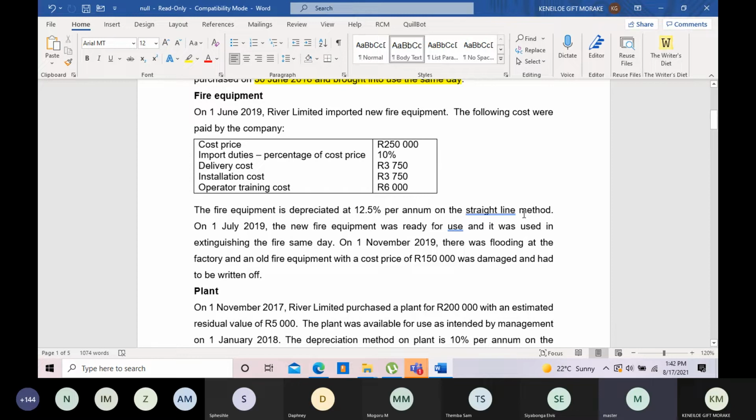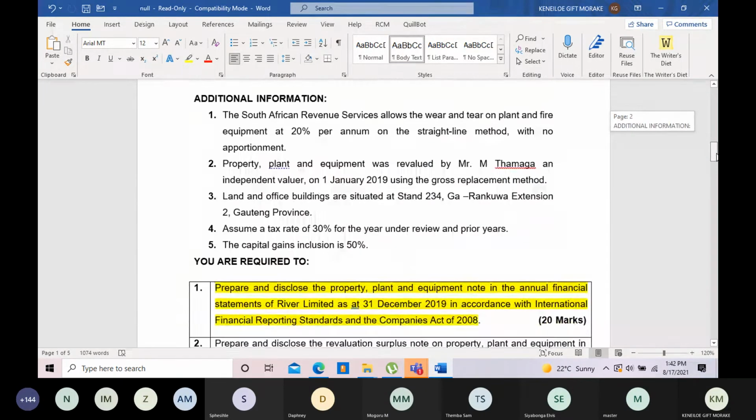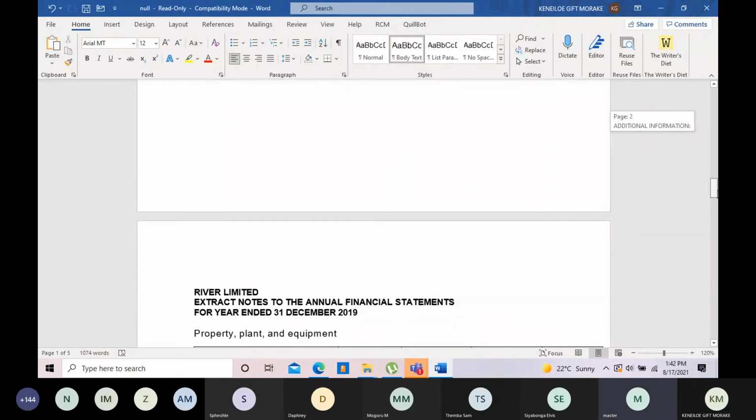And then from there, you take the same cost price, 475,000, and divide it by... let me go back there.